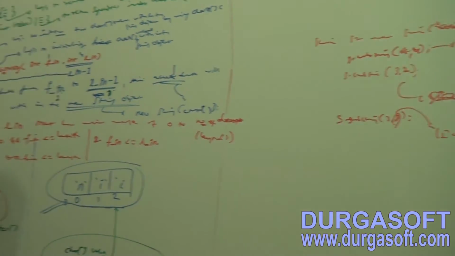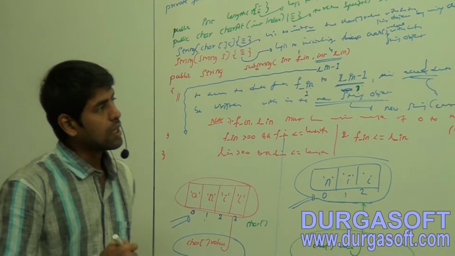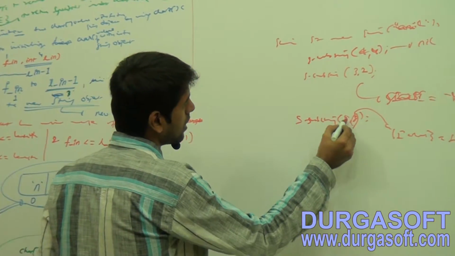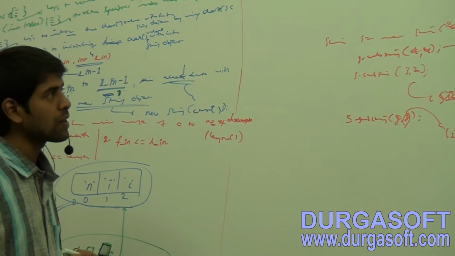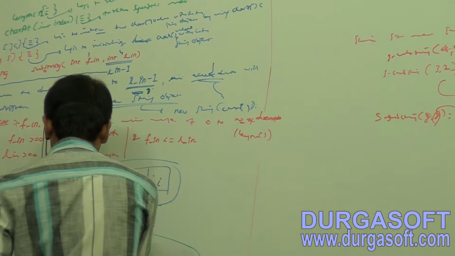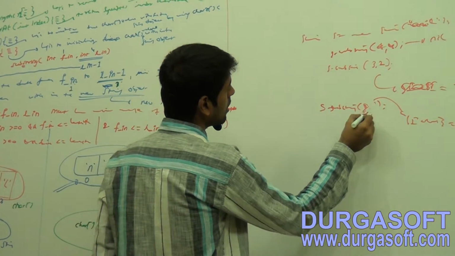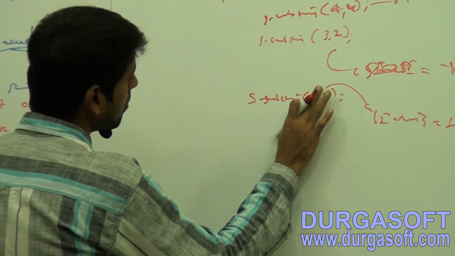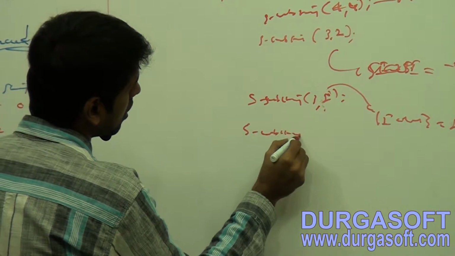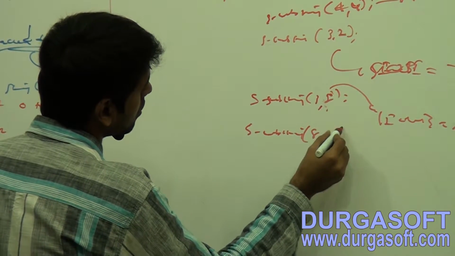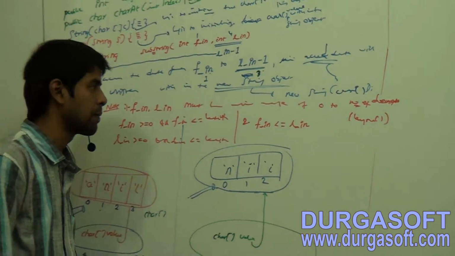Right? Now if I take this one as 8, or else if I take 8, 3, it also will give string index out of bounds exception. s.substring(8, 3), once again string index out of bounds exception.